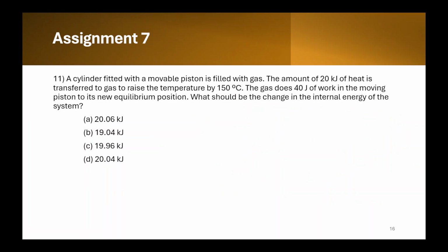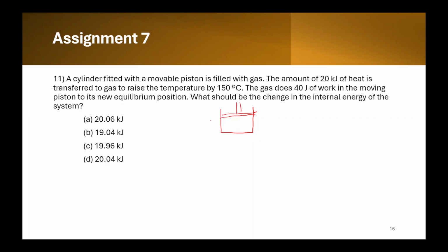Next question. A cylinder fitted with a movable piston is filled with gas. An amount of 20 kilojoule of heat is transferred to the gas to raise the temperature by 150 degrees Celsius.